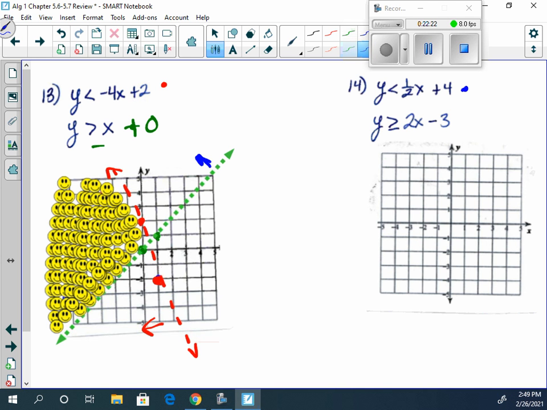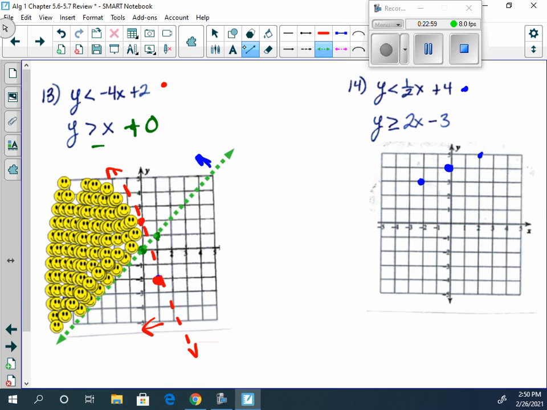All right, guys, so if we look at the top equation here, the y-intercept would be positive 4. And the slope is? One over 2. And this line would be solid or dashed?